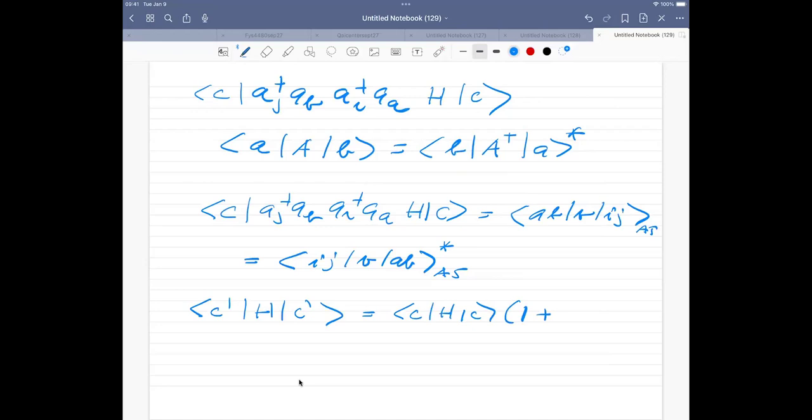But the V is already just a real quantity normally, so that is Hermitian. So you don't need to do anything there. That is just by assumption.